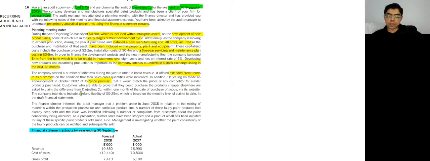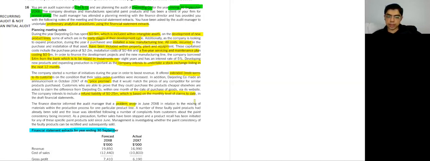The company intends to include a refund liability of $0.25 million, which is based on the monthly level of claims to date. The finance director informed the audit manager that a problem arose in June 2018 in relation to the mixing of materials within the production process for one particular product line.